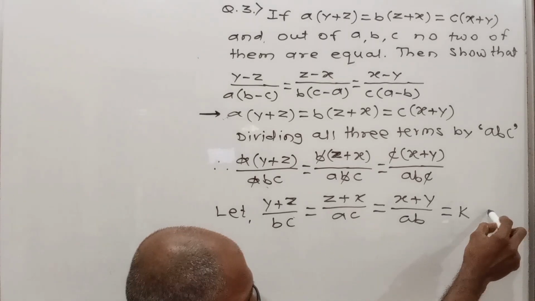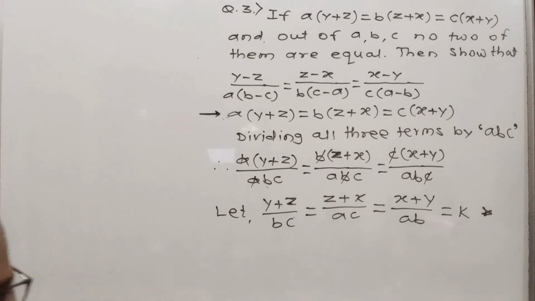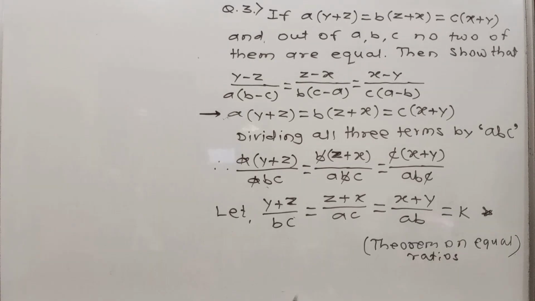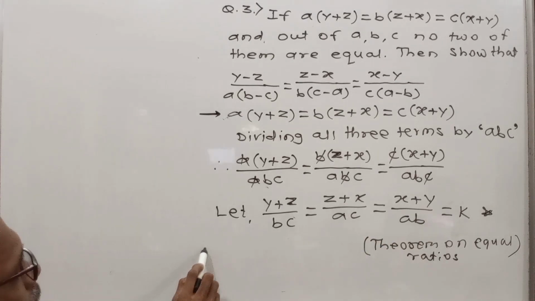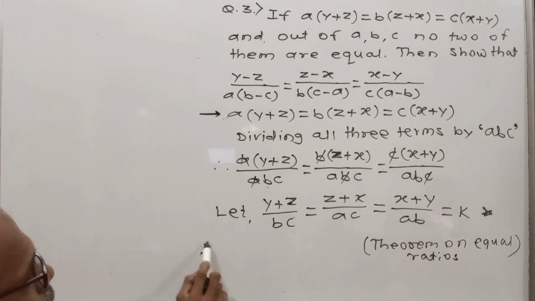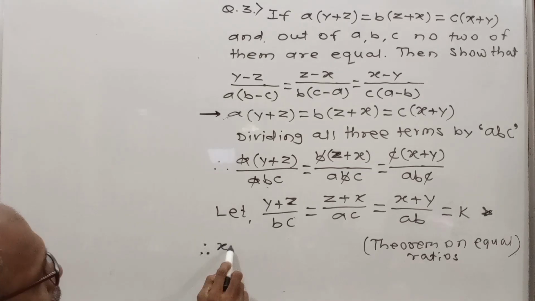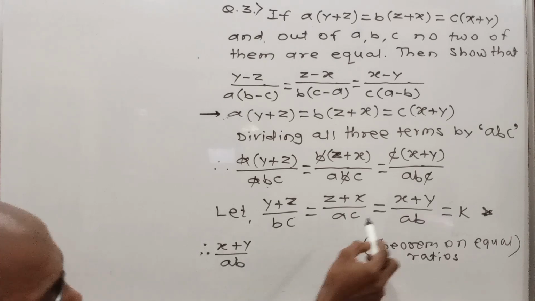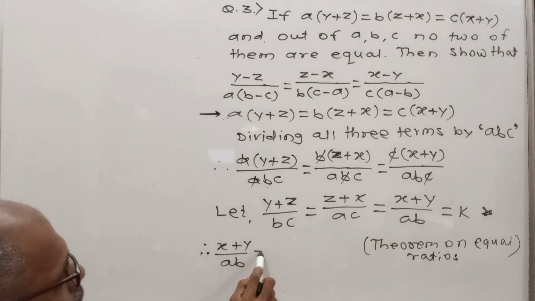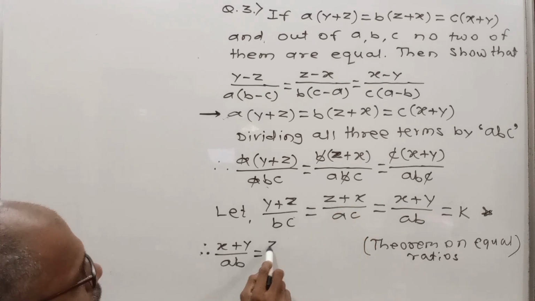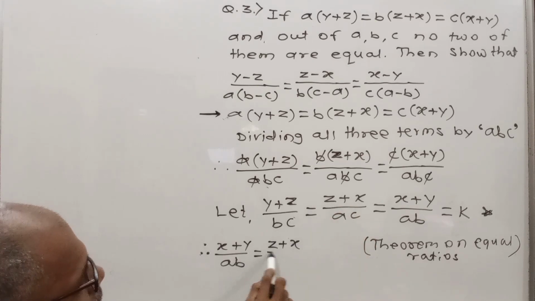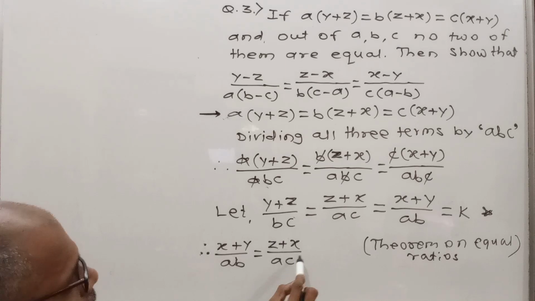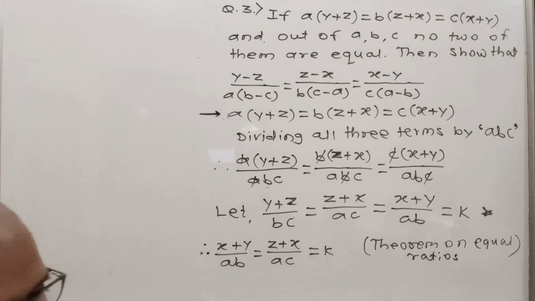I am not giving equation numbers here. We take this: (x + y)/ab = (z + x)/ac = k.